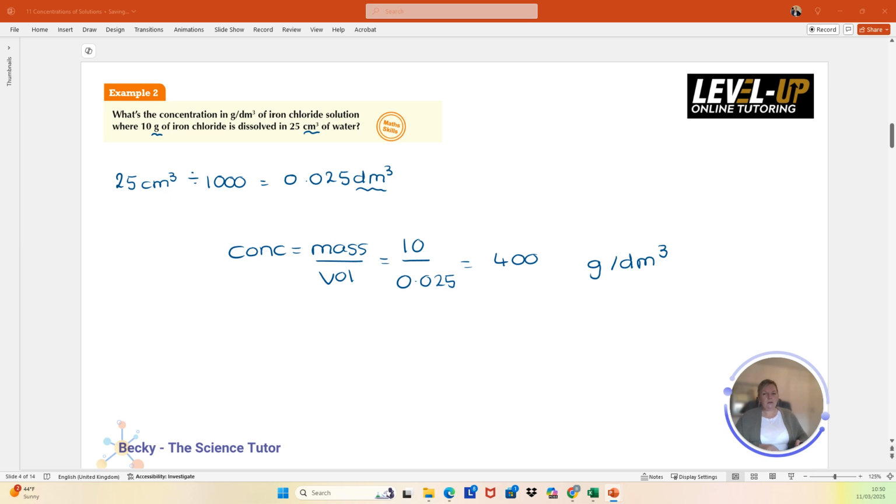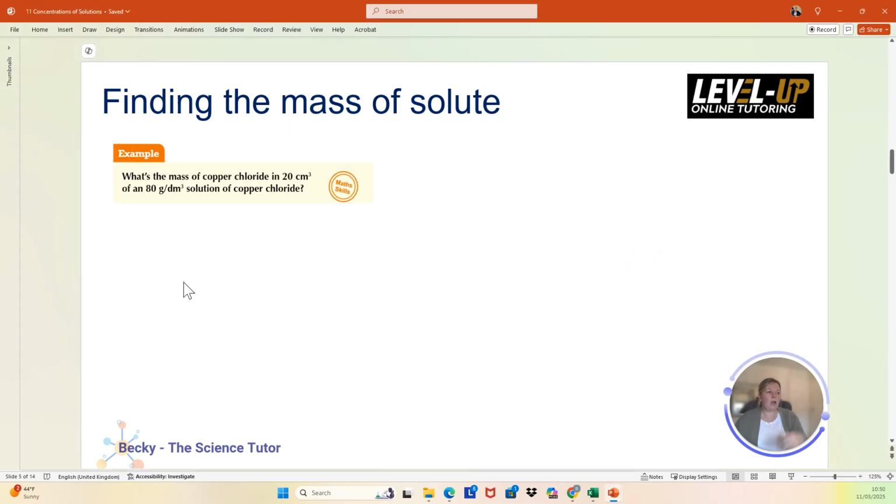Now, by using this equation and rearranging, we can also find the mass of a solute, so we can work out how much we need to dissolve to produce that particular concentration.